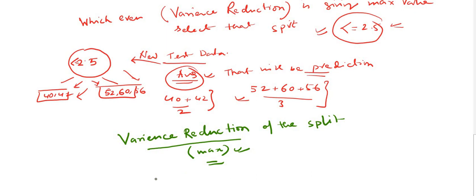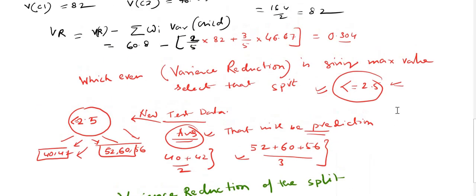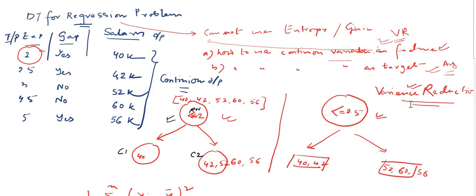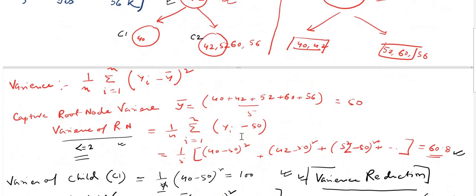And when it comes to a continuous output variable, we calculate the average value for the final result. Okay, hope this makes sense. So remember these two terms: variance reduction and the formula for calculating the variance.